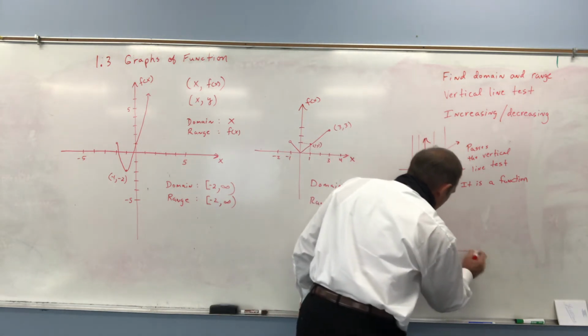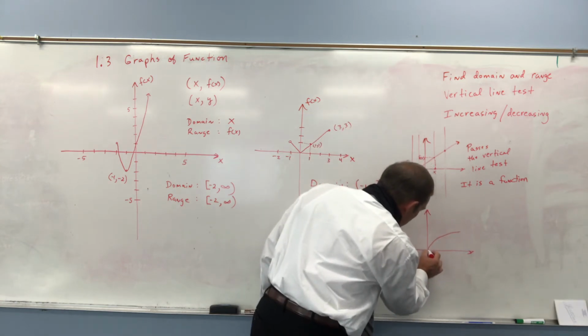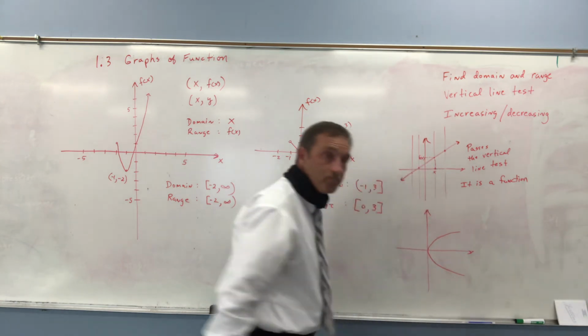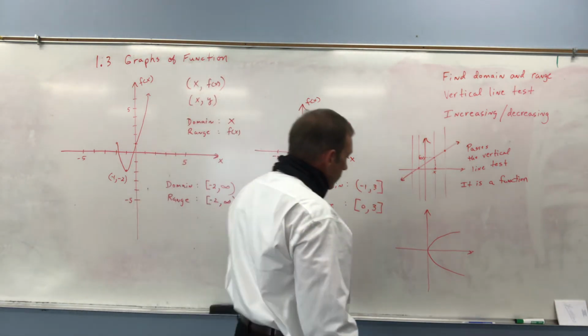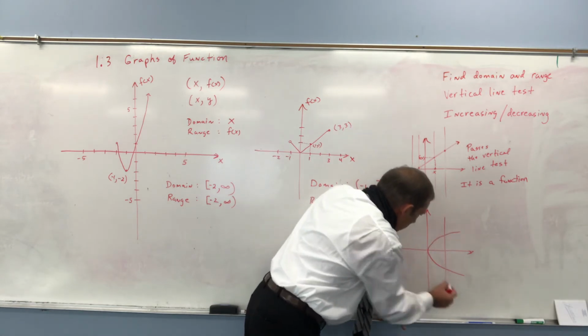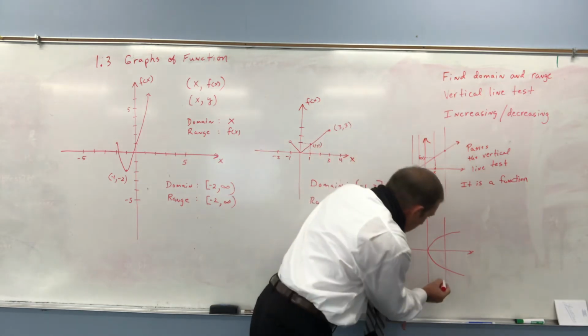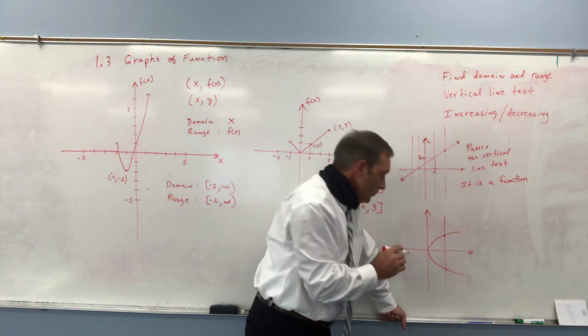Let's suppose we had, I don't know, this graph right here. On this graph, notice I could draw a vertical line, say, I don't know, here. And notice that this point and this point both have the same x value.